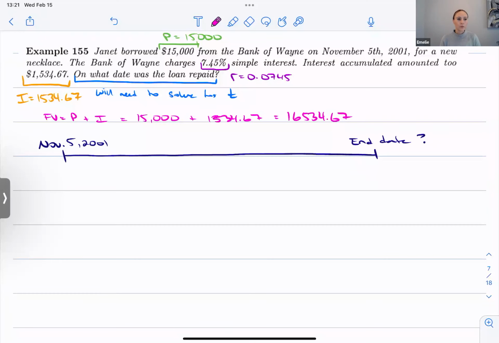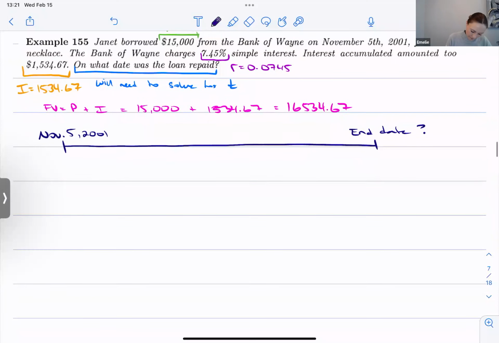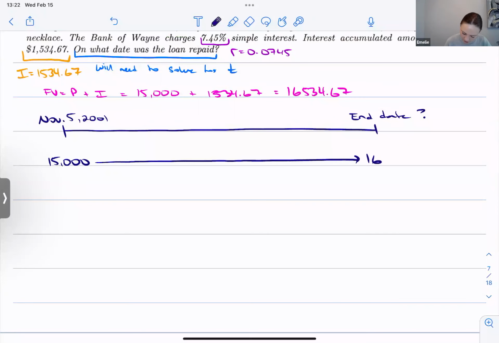So in terms of the dollar amounts, the 15,000 that she borrowed turned into, going this way, now she owes 16,534.67. So the principal amount plus interest is the future value.